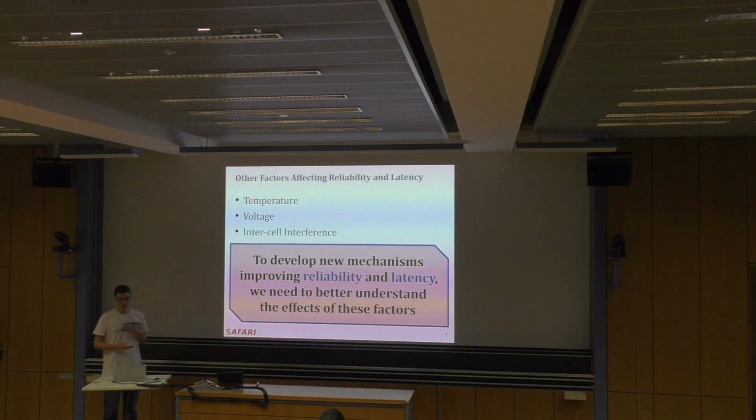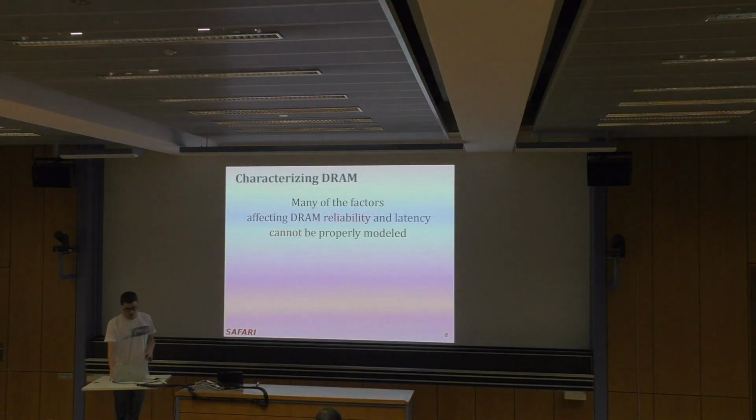So to understand all of those and improve reliability and latency of DRAM, we need to understand these problems better. And many of these factors that affect reliability and latency cannot be properly modeled.